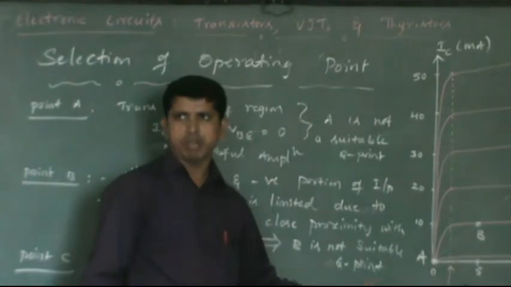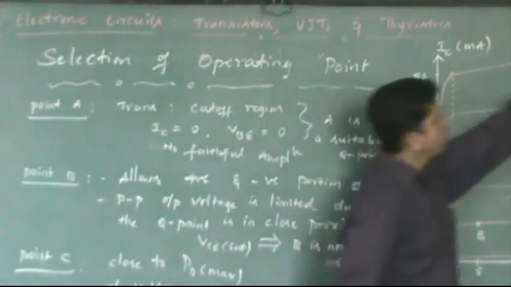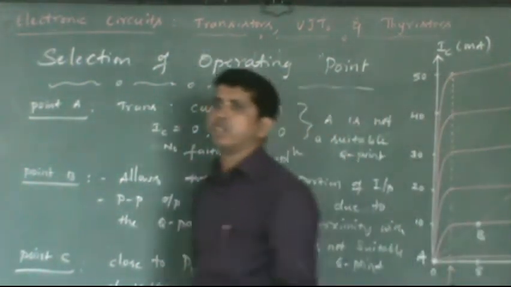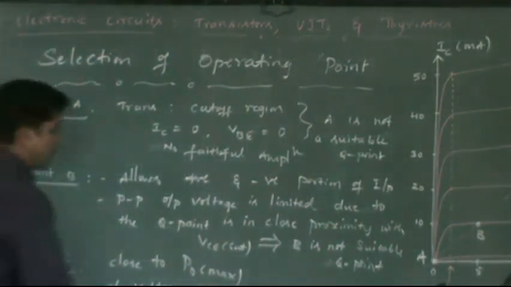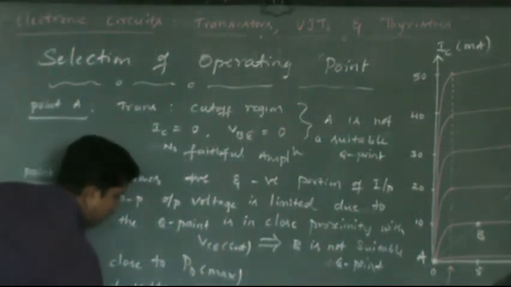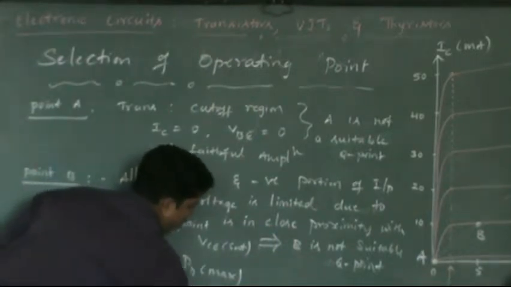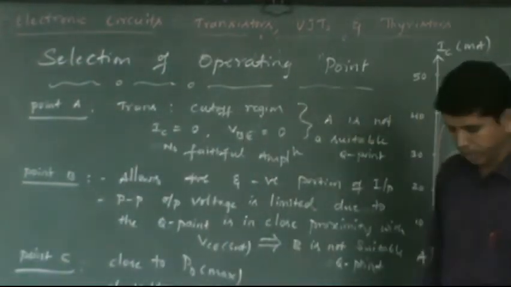Negative, no problem. Negative will pass efficiently without any distortion. But the positive portion of all the cycles will get clipped off. That's the reason for not choosing C as operating point. So this implies that C is not suitable. You cannot choose C as an operating point.